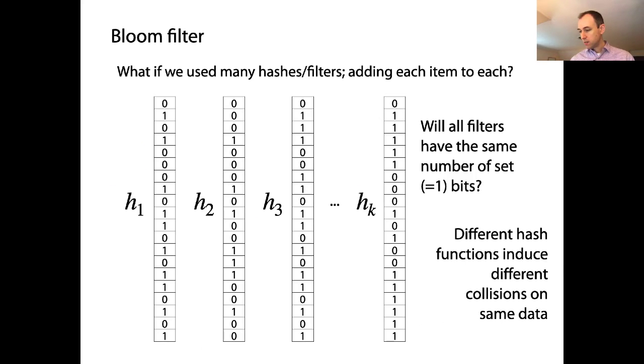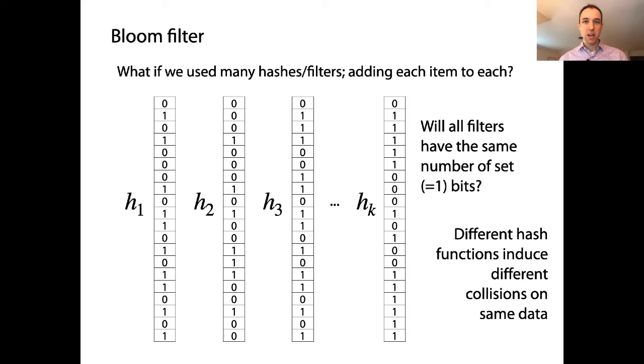Okay? So what if we did this with k, not letting k be a variable? What if we did this with k hash functions and k bit vectors, essentially k Bloom filters? So here's sort of a study question. Will all the filters have the same number of set bits?